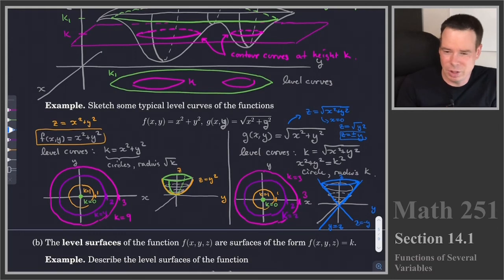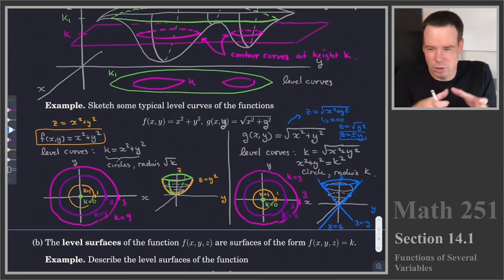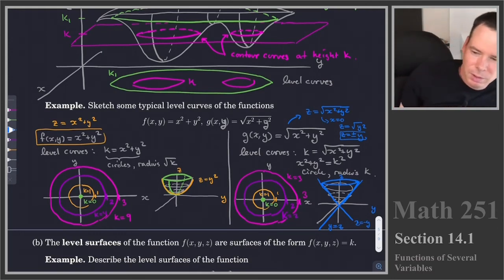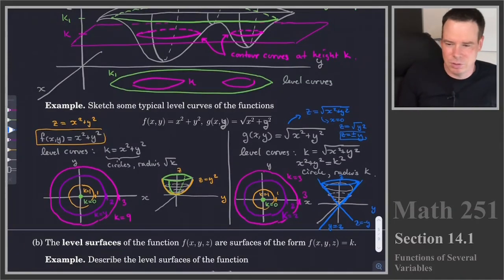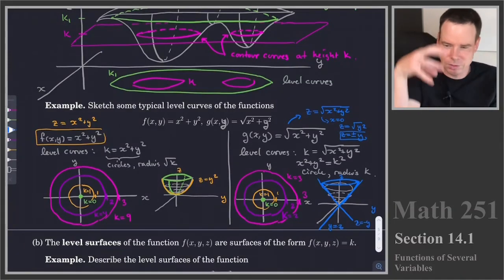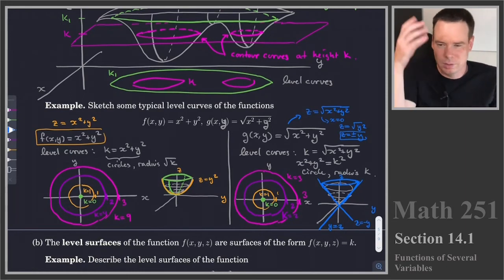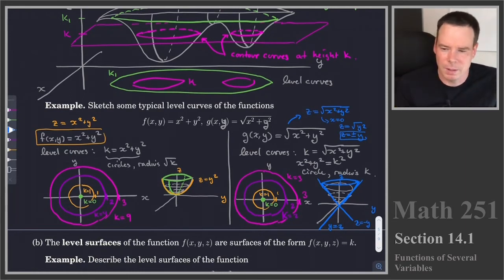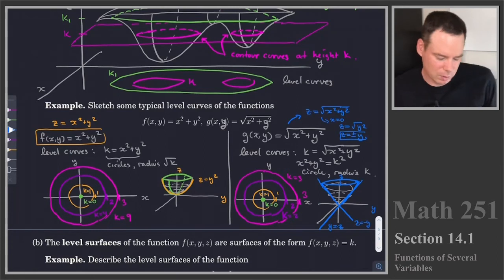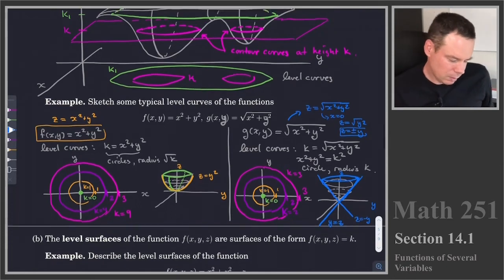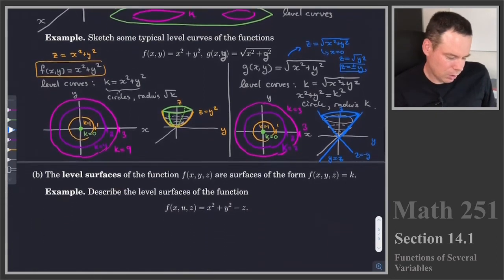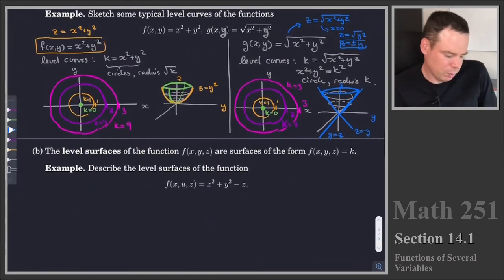This is what's known as a cone, whereas the other one, with the curvy shape, is known as a paraboloid. So we're able to detect these things not only in the level curves, circles stacked on top of one another making up the surface, but also in how they're stacked, how fast the circle grows the higher up you go. That's a little bit of information about level curves and how they help us decide the shape of the graph.